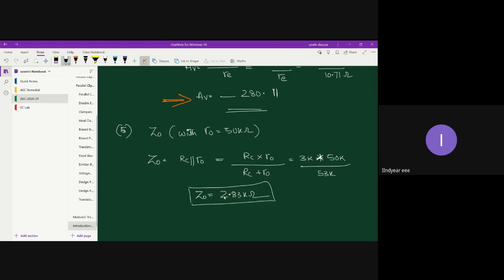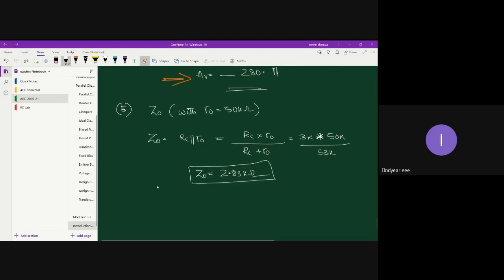Okay, good. Since they have asked you to compare the value, you can say that with R0 equal to 50 kilo ohm, Z0 is reduced from 3 kilo ohm to 2.83 kilo ohm.